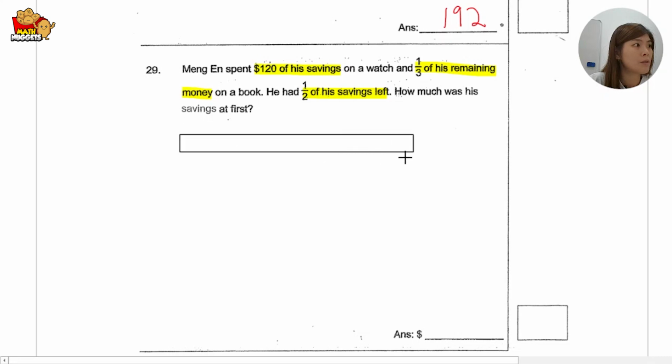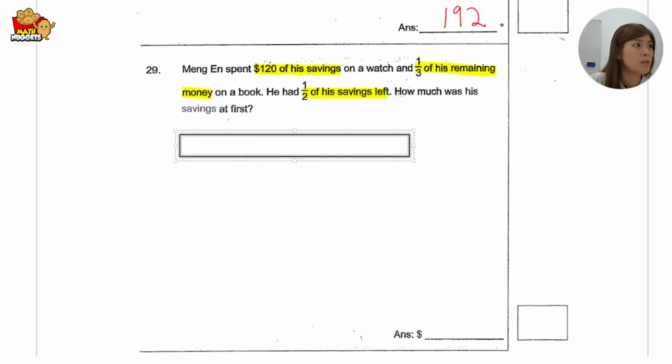Okay, so he spent $120 of his savings on a watch. So here will be $120. And then he spent 1/3 of his remaining money. So 1/3 of his remaining money will look something like that.